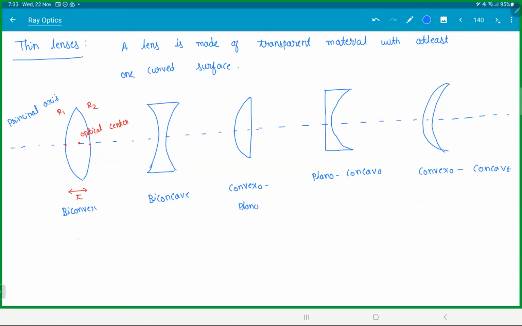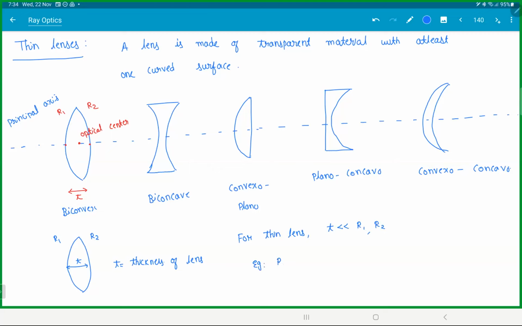So when you take a lens here, when you say a lens is thin, what do you mean by thin lens? For a thin lens, T should be much less than R1 and R2.